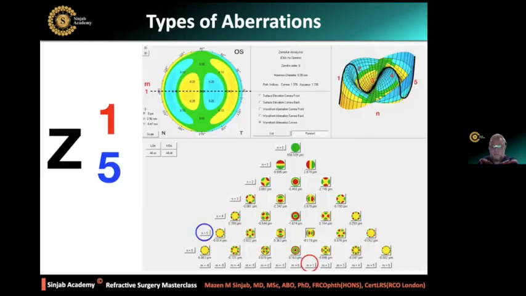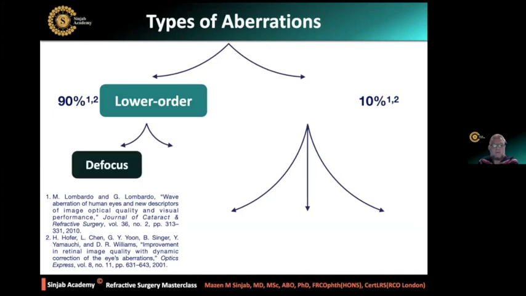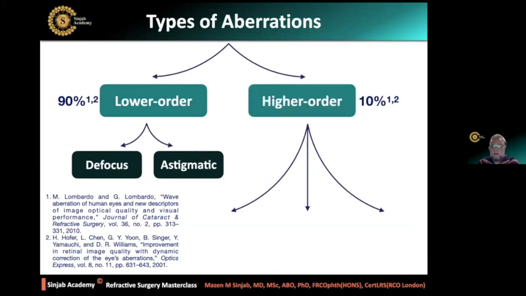So these are my definitions. Now we come to the types of aberrations. As I said, lower order aberration and higher order aberration. The lower order, we have defocus and astigmatic, vertical and horizontal. So only 3. We come to the higher order aberrations.